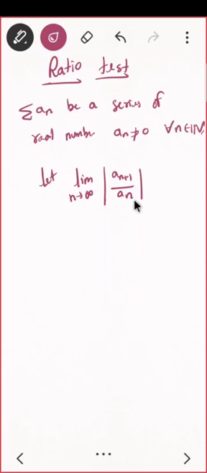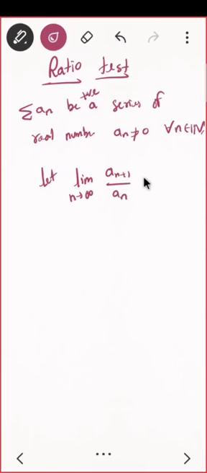Should I introduce absolute convergence first or not? Maybe let us do one thing. Later on I will generalize this result; for now let us take a_n to be a positive series, and find a_(n+1) upon a_n.